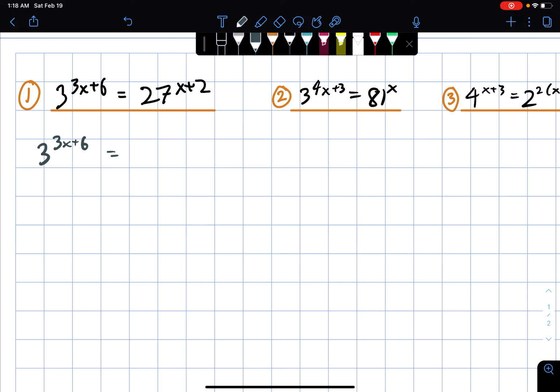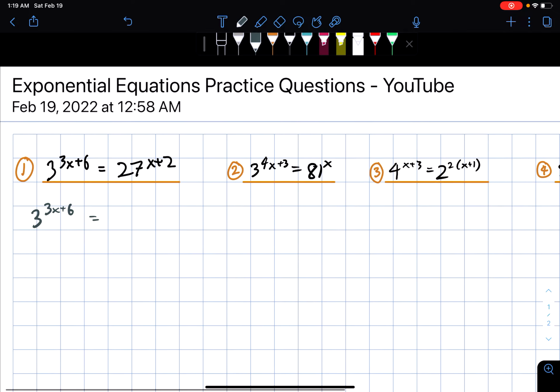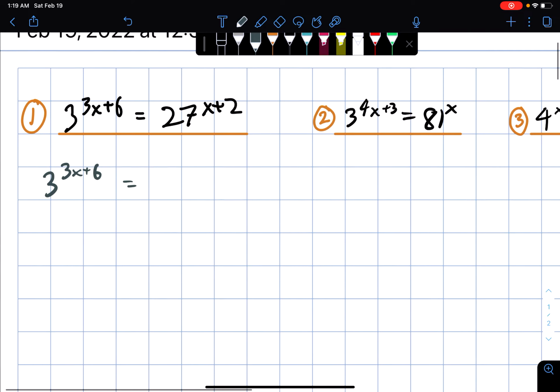Our main goal is to make these numbers smaller so they are cancelable. Both sides should have bases that are the same. So that's the sense of having exponential equations. We have bases that can be brought to the same base.